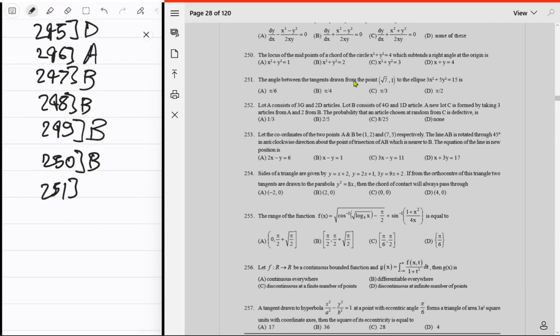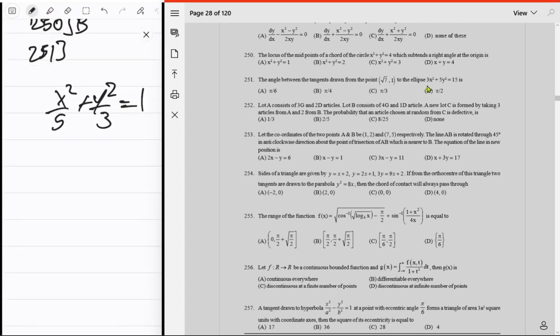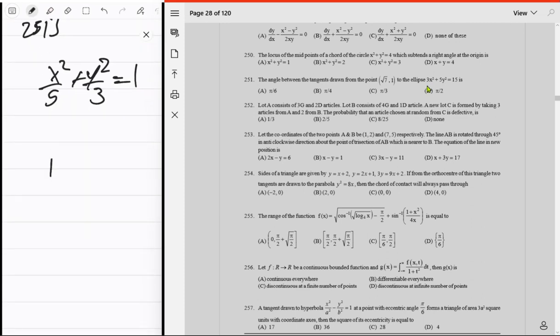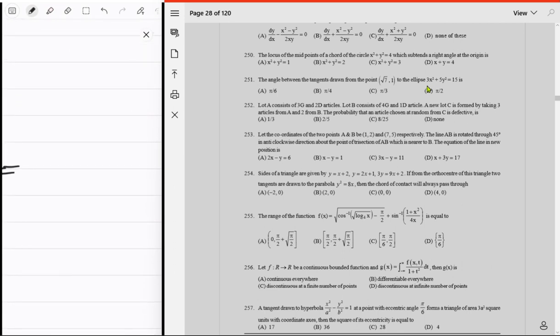251: okay, the angle between tangents drawn from this point to this ellipse is. Are you serious, what kind of questions are you people giving, man? So what is it? x squared upon 5 plus y squared upon 3 is equal to 1. Whatever, y minus mx, just do it, 1 minus square root of 7 times m, its square, that's equal to a square m square plus b square which is 5 m squared plus 3.